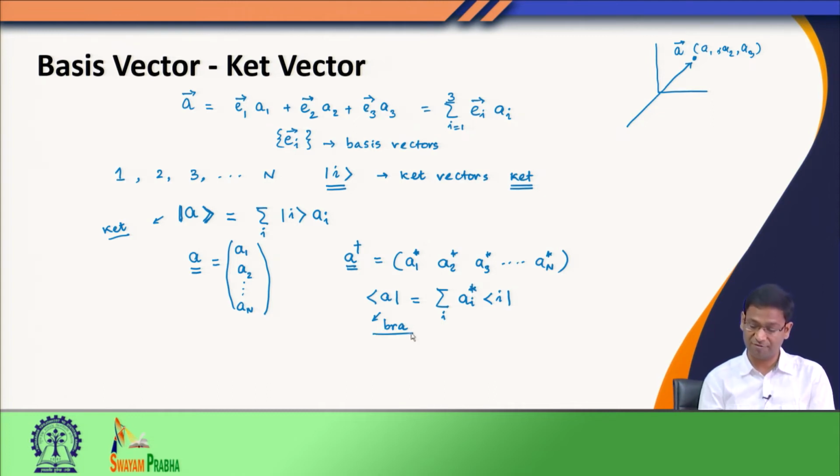This bra function is expressed again in terms of the ket vectors i, but they are written as their corresponding bra, and Ai star, which is actually the complex conjugate of Ai. So, now I have a bra function and I have a ket. Together, this is what Dirac proposed.